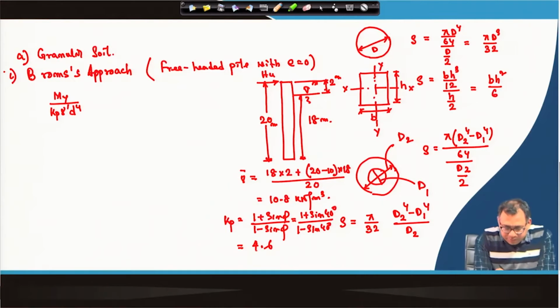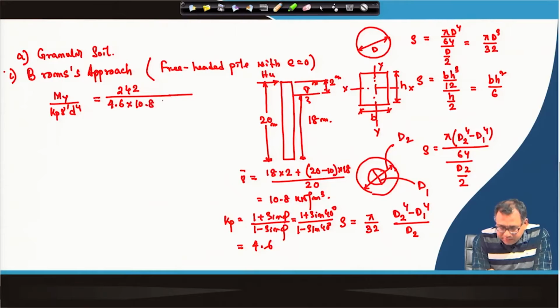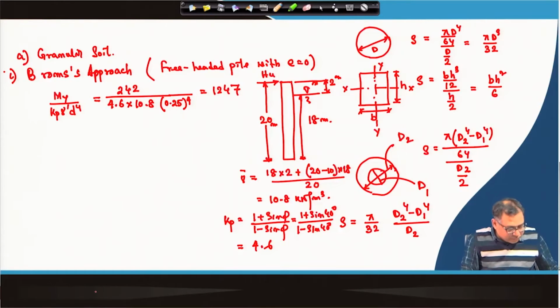Now I will put these values here. So, the yield moment divided by Kp, unit weight and diameter to the power 4 is 242 divided by (4.6 into 10.8 into 0.25 to the power 4), which is 1247.